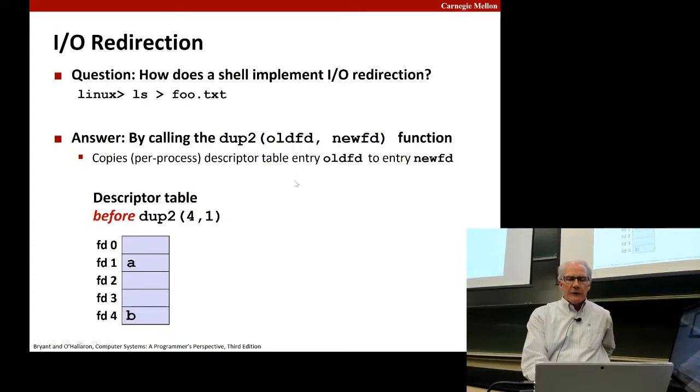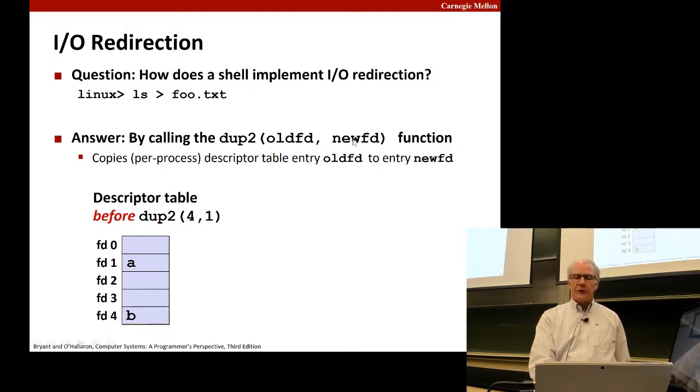And there's a function with a very unhelpful name and a very non-intuitive set of arguments called dup2. What dup2 does is it says, I want you to copy all the information about the old file descriptor into the slot for this new file descriptor.